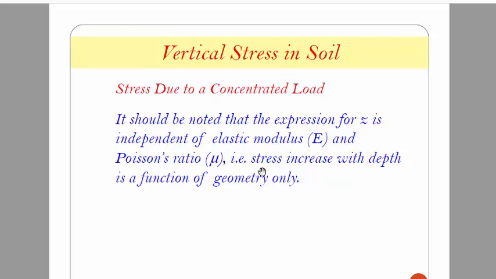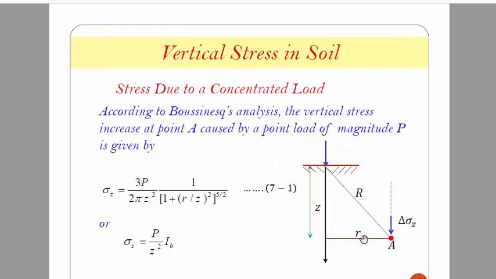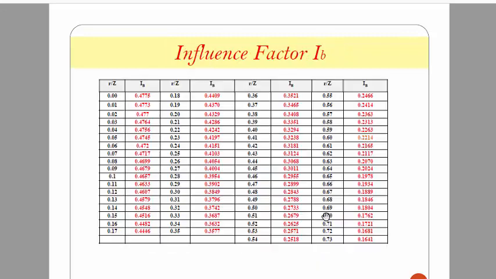According to r by z we calculate the influence value. Suppose r by z is 0.57, then your IB value is 0.2363.